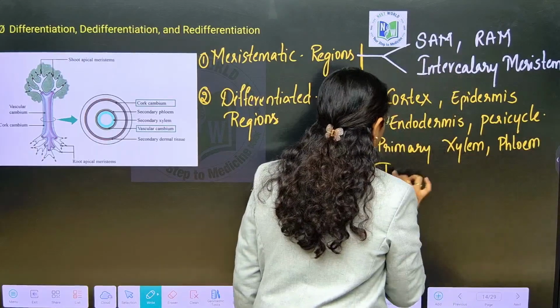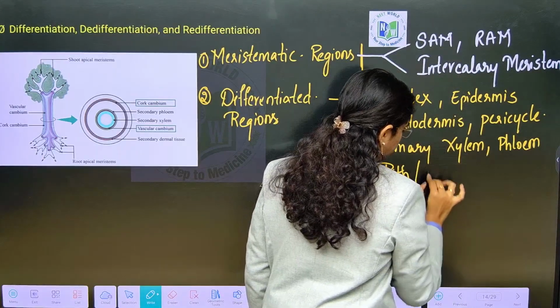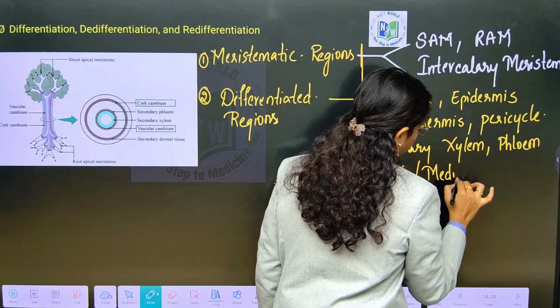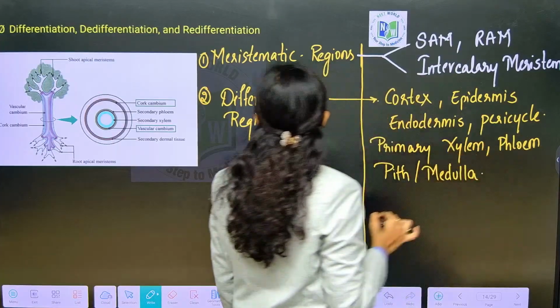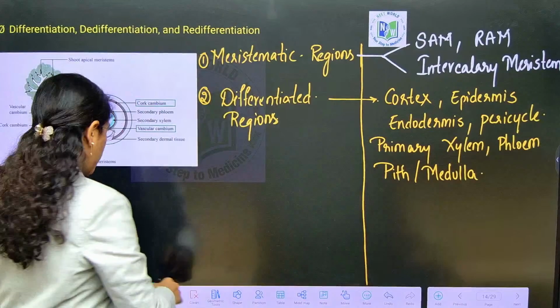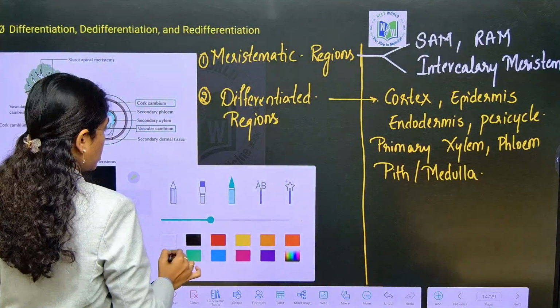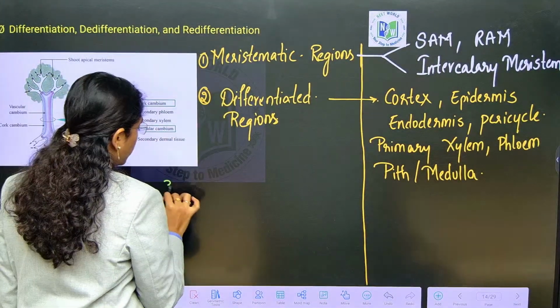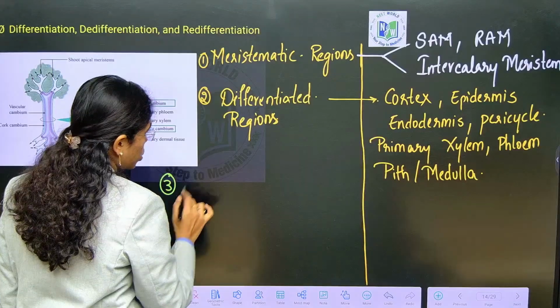Last, pith or medulla. These are the differentiated regions. And next, if you consider, third is de-differentiated tissues.